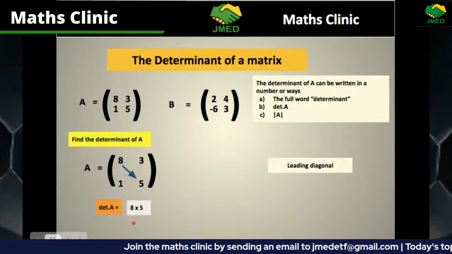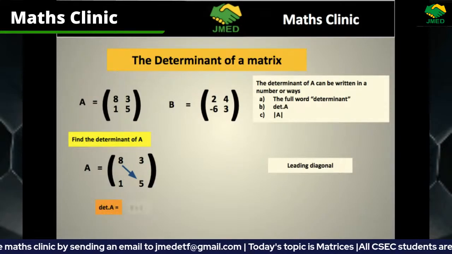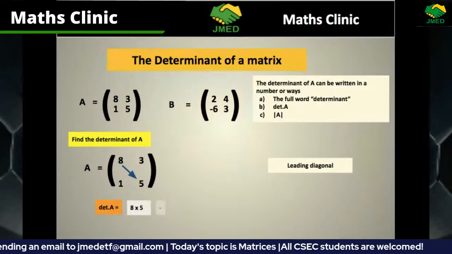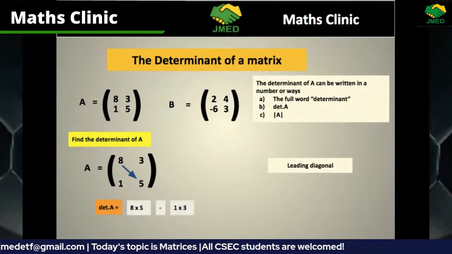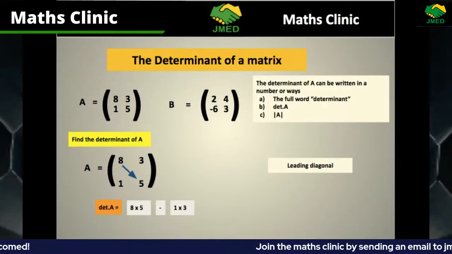So to find the determinant of A, it's 8 times 5, take away 1 times 3. That takeaway is permanent in the determinant formula, and we always begin with the leading diagonal.